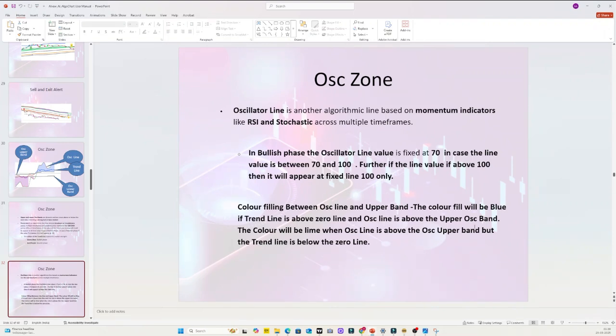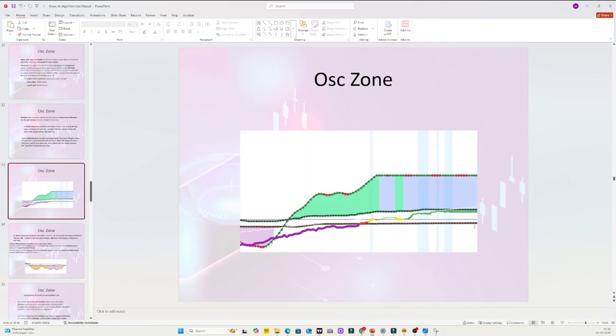So by looking at just the blue color, we understand that the market is in a good bullish phase. The color will be lime when the oscillator line is above the upper band, but the trend line is below the zero line. Here we see the example: the zero line is crossed, so the color turned into lime, or green, you can say, from the bullish blue color.